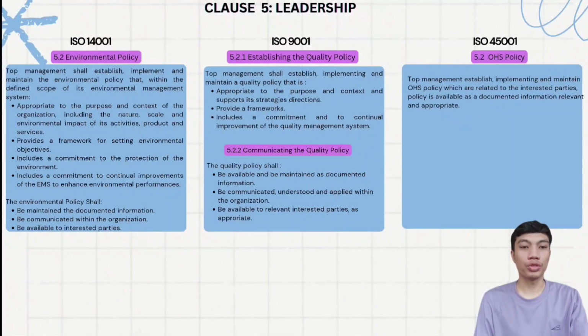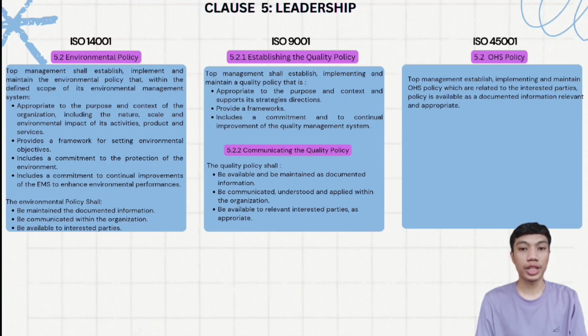So this is 5.2 Environmental policy, used for ISO 14001, which is top management shall establish, implement and maintain the environmental policy within the defined scope of its environmental management system, which is appropriate to the purpose and context of the organization, including the nature, scale and environmental impact of its activities, products and services.